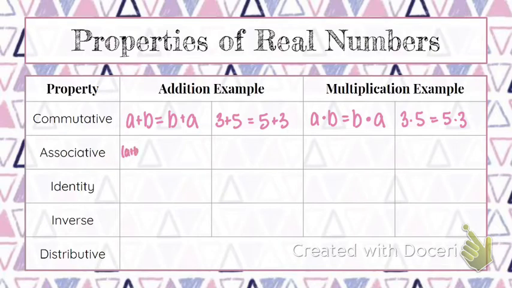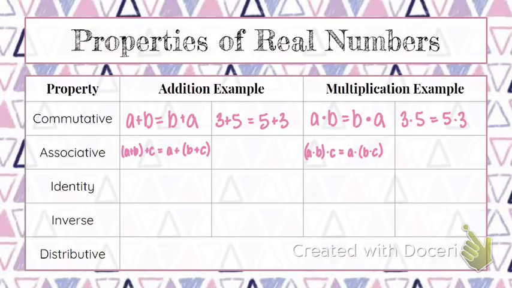(A plus B) plus C equals A plus (B plus C). There we go. And then for multiplication, it means that (A times B) times C equals A times (B times C).